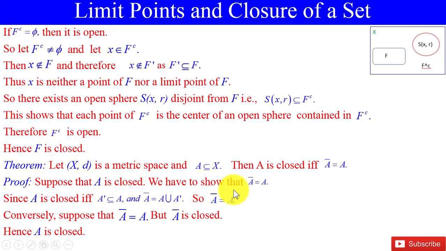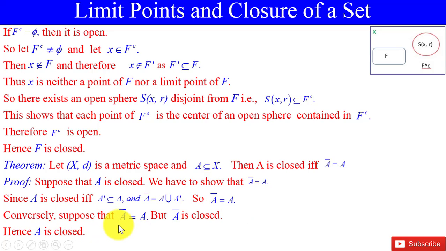We have to show that closure of A is equal to A. Since A is closed if and only if A dash is contained in A by the previous theorem, and closure of A is equal to A union A dash. So, closure of A is equal to A, as A dash is contained in A, therefore A union A dash is equal to A.